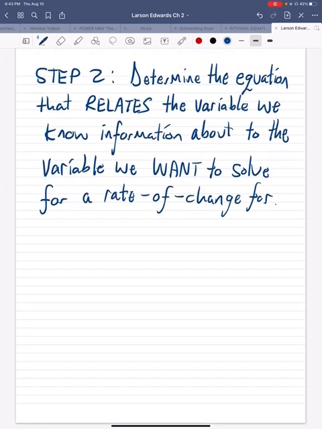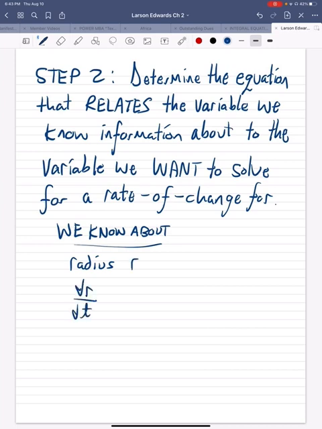So in this question, we know about radius r. dr dt is equal to 4 centimeters per minute.